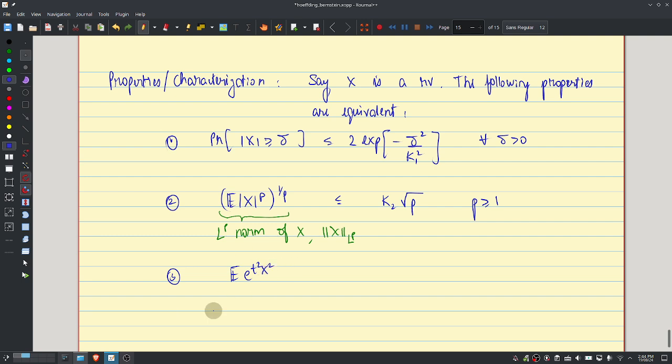So expectation of e to the t square x square is less than or equal to e to the k3 t square for all t less than or equal to one over k3.